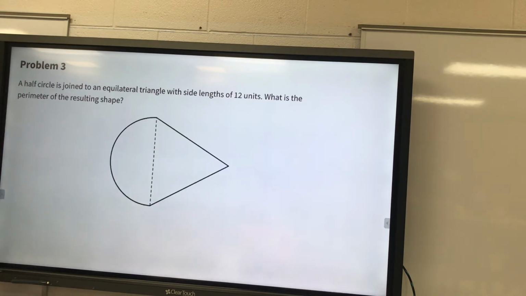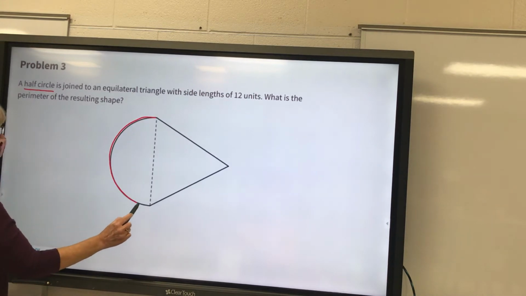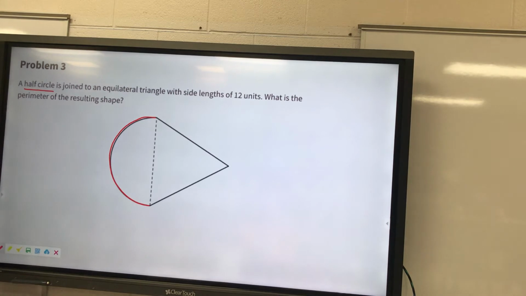A half circle is joined to an equilateral triangle with side lengths of 12 units. What is the perimeter of the resulting shape? All right, so we have a half circle. How are we going to find this distance? What is this on a circle? Circumference. So we're going to use half the circumference because we only have half a circle.